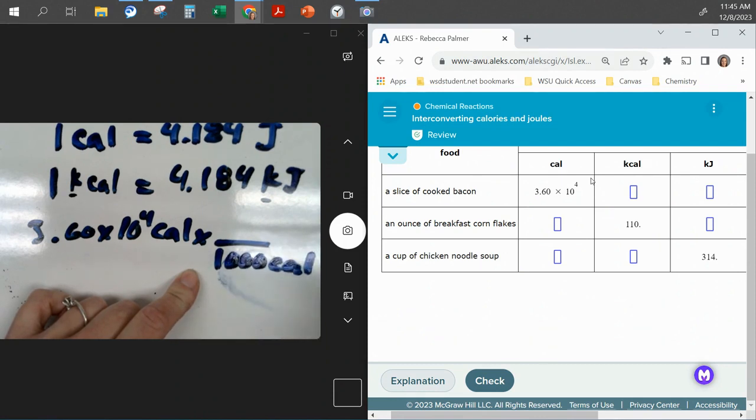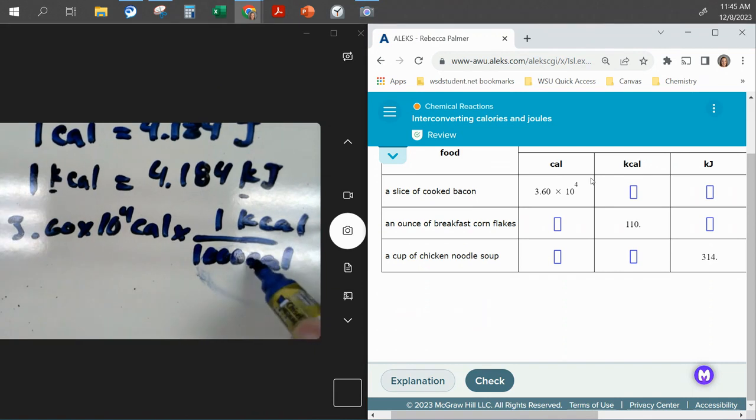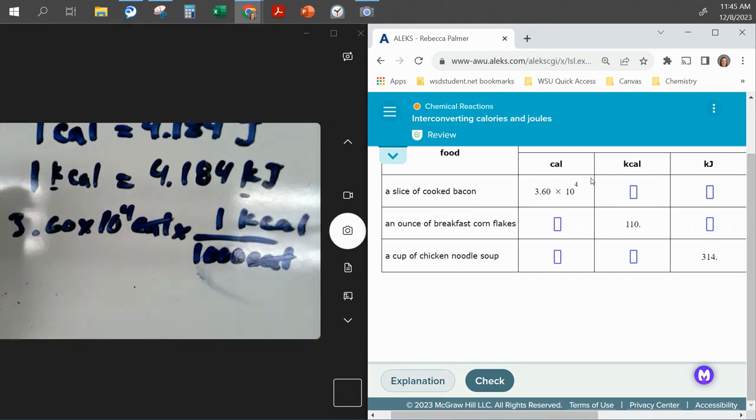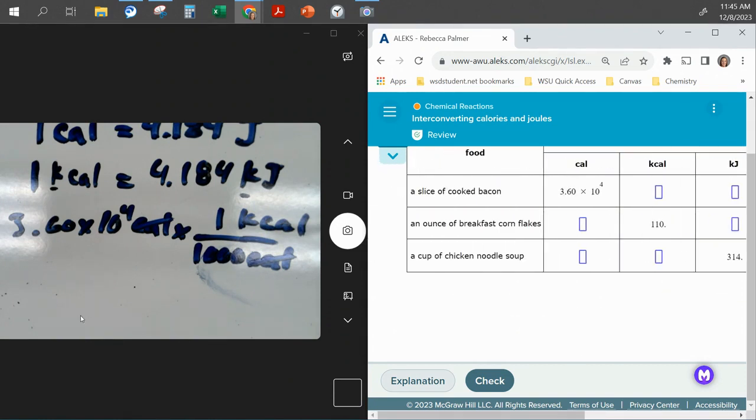This is not a very fine marker. 1,000 calories is 1 kilocalorie, so calories cancels and we end up with kilocalories. I can do this on my calculator, or you can just look at this. It has times 10 to the 4, so this is 3 zeros.